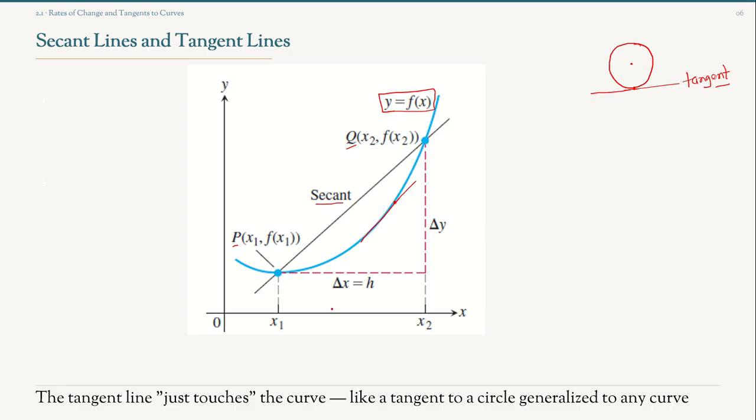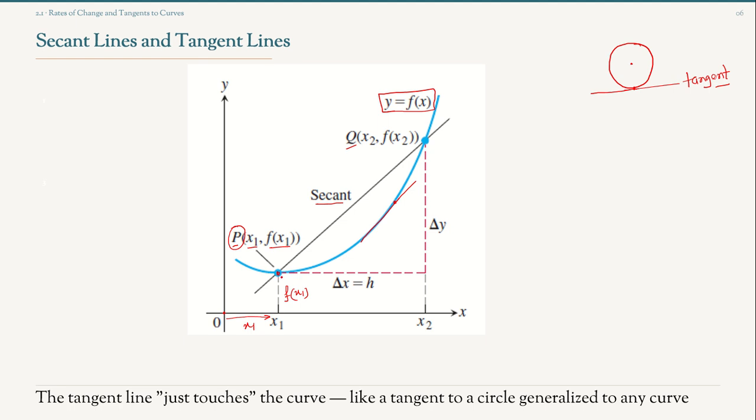Okay. Now, here we have P, and the coordinates of P are x1, f of x1. So if we start from here, the distance is x1, and this one is f of x1.